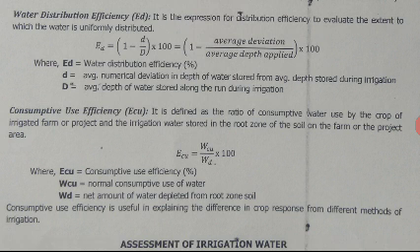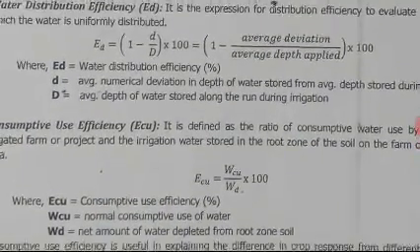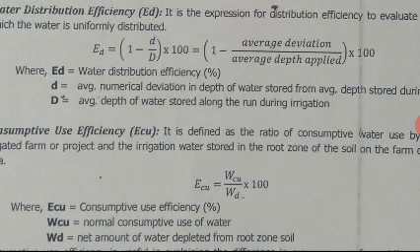ED is equal to, in the bracket, 1 minus small d divided by the capital D into 100, is equal to 1 minus average deviation divided by average depth applied into 100, where ED is equal to water distribution efficiency in percentage, small d is average numerical deviation in depth of water stored from average depth stored during irrigation.